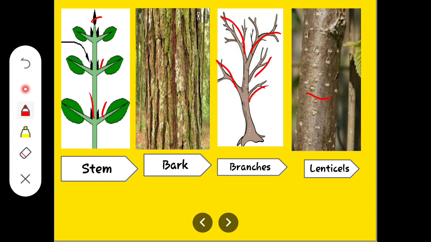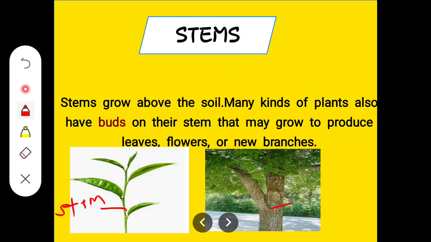So again, let's review. The main stem of a tree is called the trunk. So this is the trunk. It is the main stem of a tree. And this one is the stem.